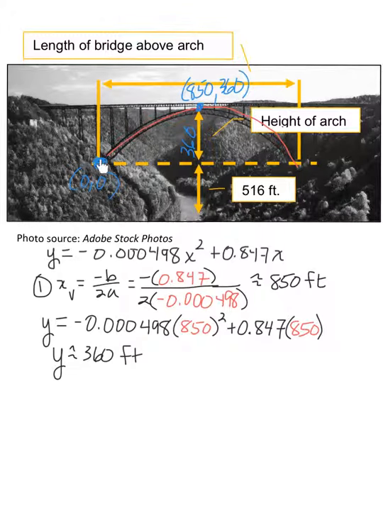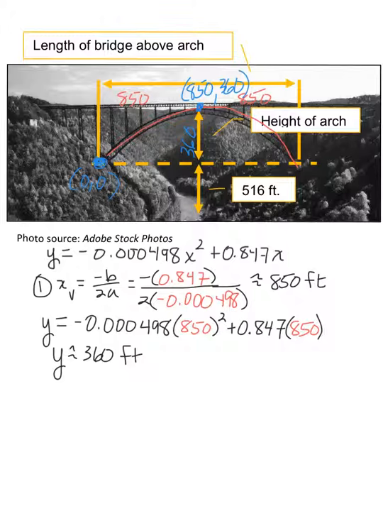And the distance from here to here is 850 feet, which is the distance from here to here. So this is 850 feet here, which means that this is 850 feet here, because the assumption is that this is a mirror image of this. So we now have the ability to answer our questions.